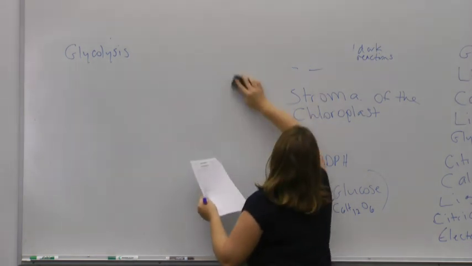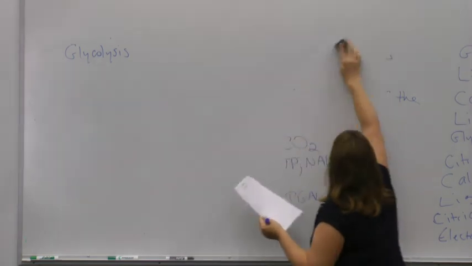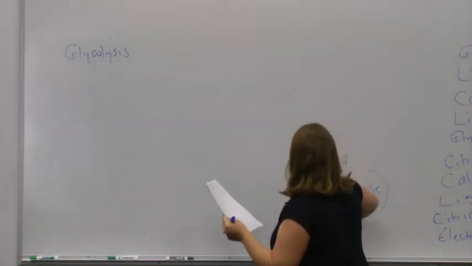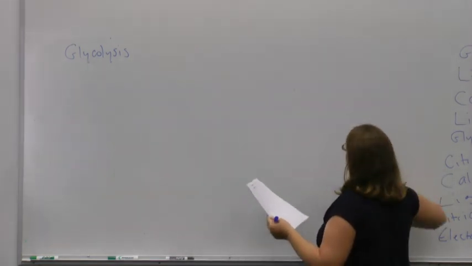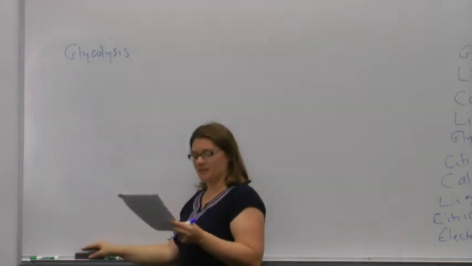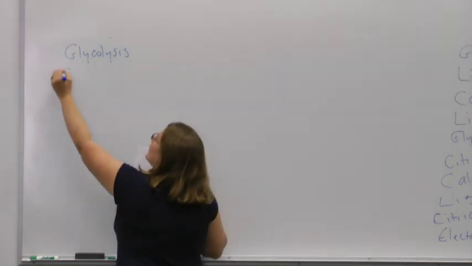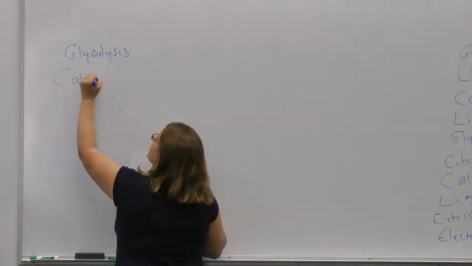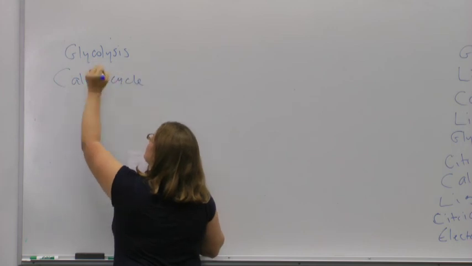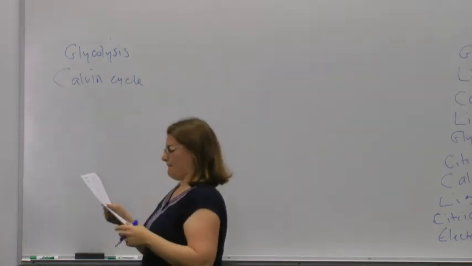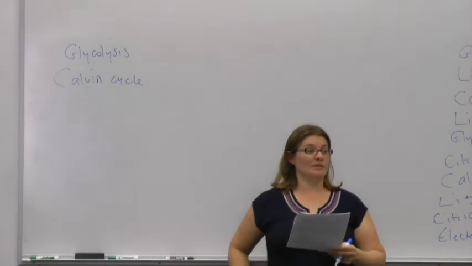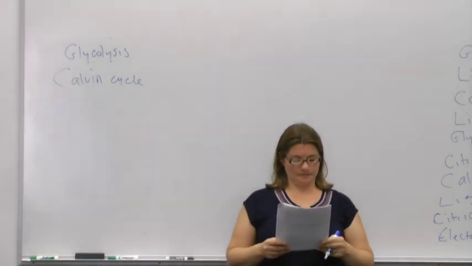And stroma. Better erase this here. Stroma. Respiration or photosynthesis? Photosynthesis. What stage? Calvin cycle. And then you said that's part of the chloroplast? Yes, the stroma is a region in the chloroplast.